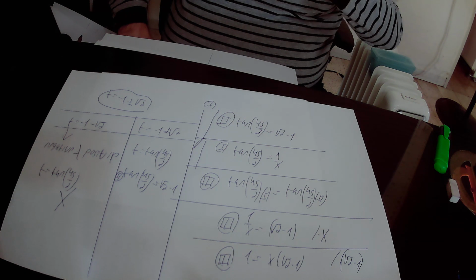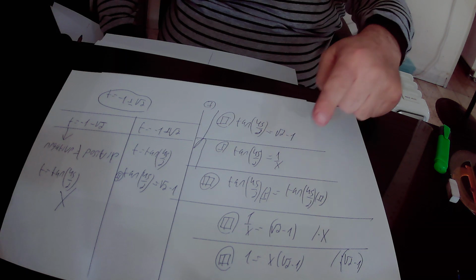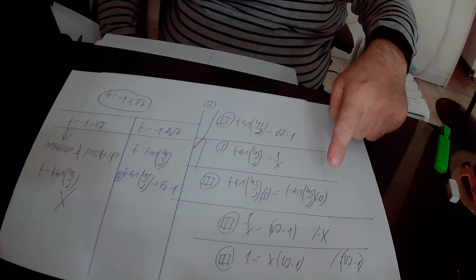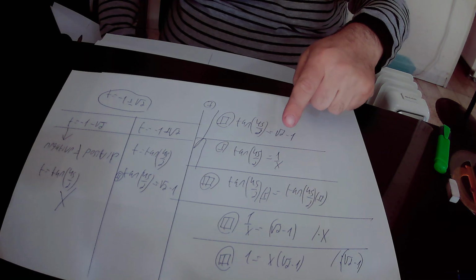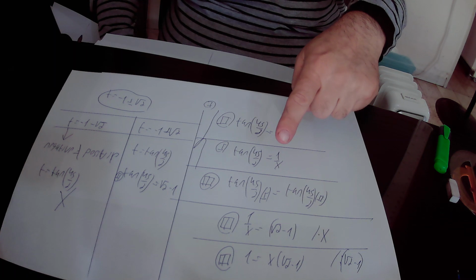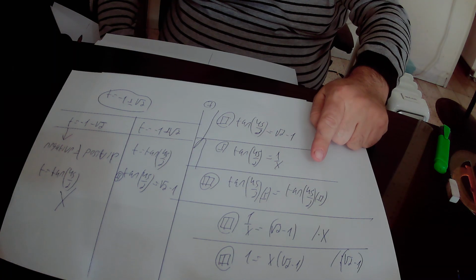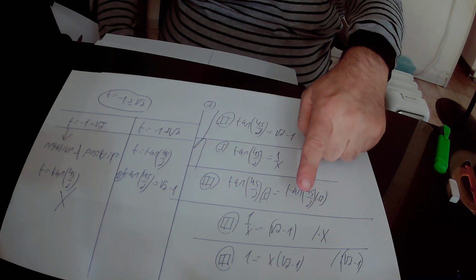Therefore, we create equation number 3 that states that tan 45 over 2 degrees according to equation number 1 must be equal to tan 45 over 2 degrees according to equation number 2. Tan 45 over 2 degrees according to equation number 1 is 1 over x, and it must equal tan 45 over 2 degrees according to equation number 2, that is actually the square root of 2 minus 1.